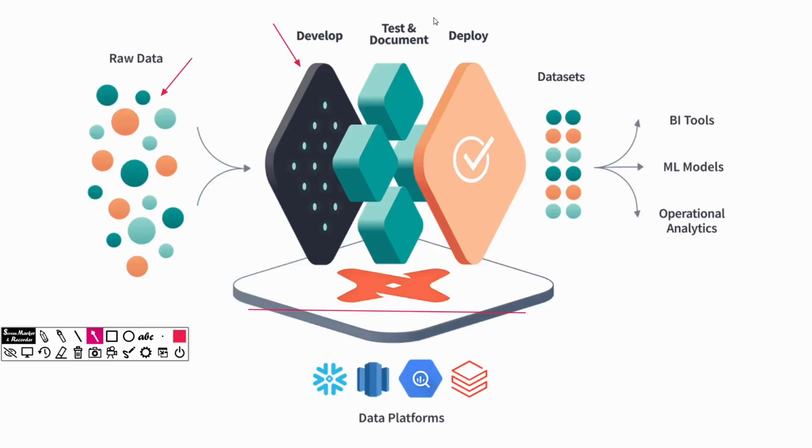It allows you to test and document, just ensuring your data comes out the way it's expected to come out, and then document what your data means behind the scenes, and then also to deploy those data sets so that the end users, which are the downstream users, can make use of them.